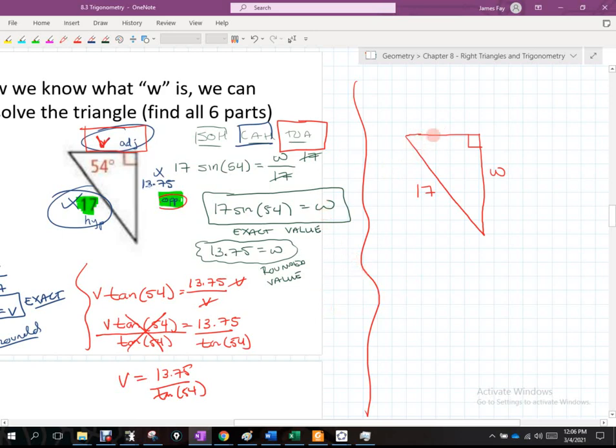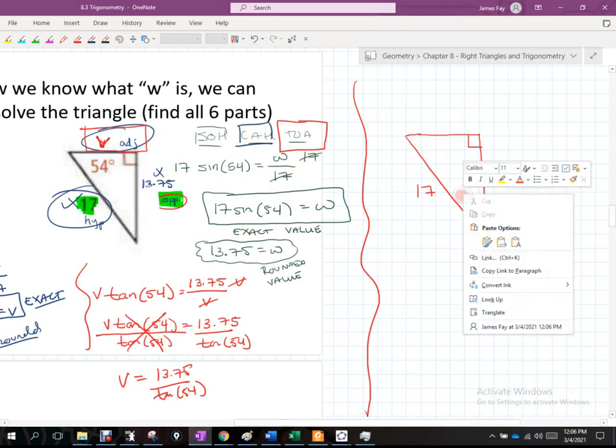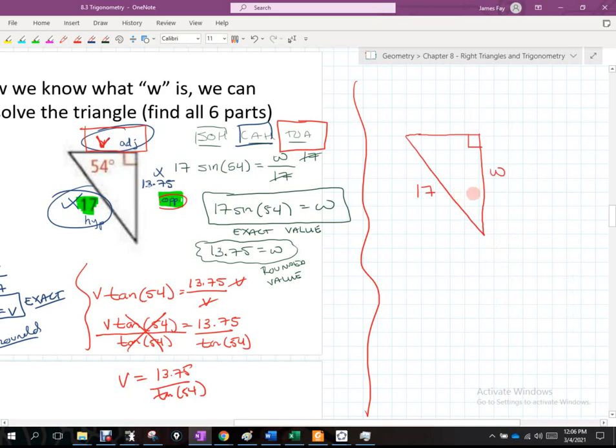But instead of using this angle here, let's use the complement. So what would this angle here be? If this was 54 up here still, this one would be what? It's a complement, so 36. Okay. Now, what side would 17 be for that 36?